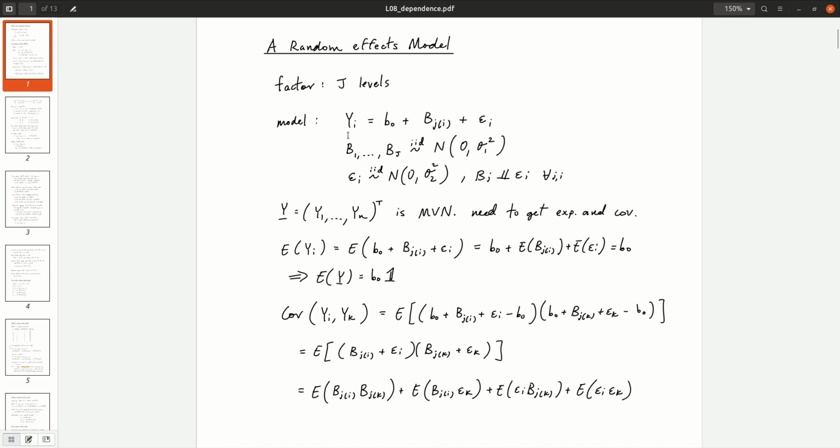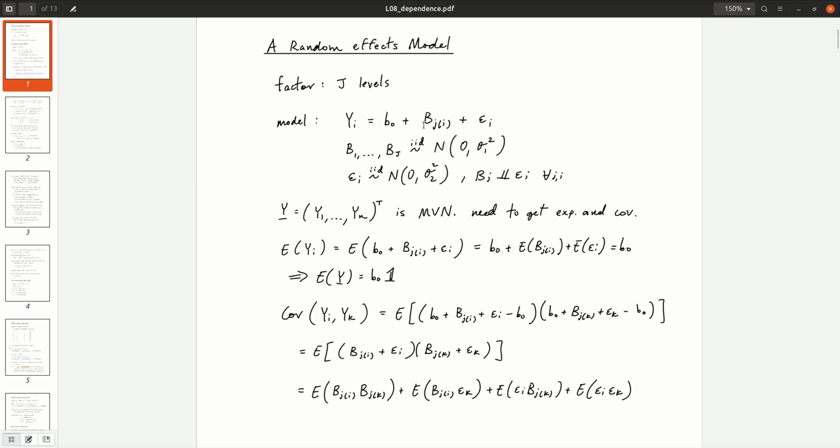And here's the model. The model is capital Y_i equals B0 plus capital B sub j of i plus epsilon_i. Now we assume that B0 is the same assumption we've had before. This is just a number. It's a non-random thing, but we don't know what it is.